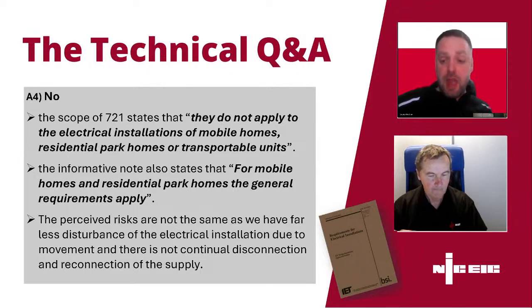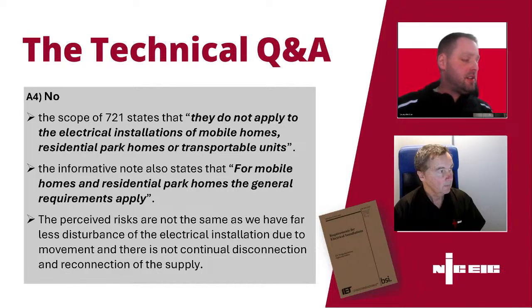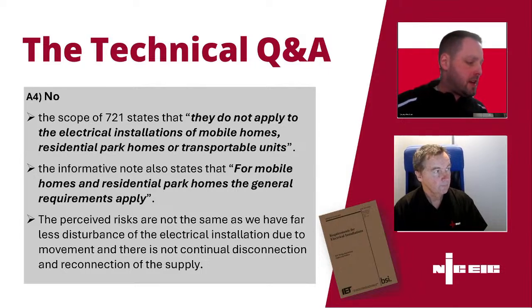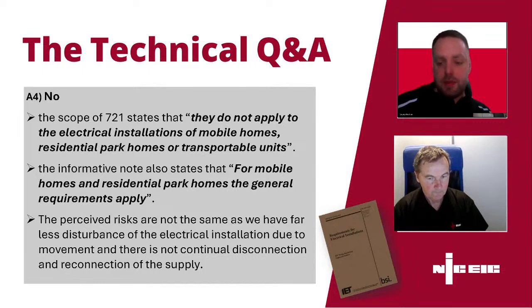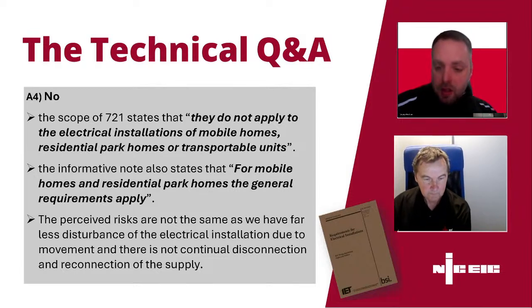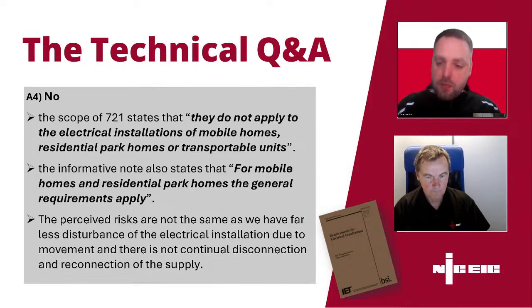Similar to any special installation in the 700 series locations, the scope is always a key bit, and it actually says in there they do not apply to the electrical installations of mobile homes, residential park homes, or transportable units. And it also states that for mobile homes and residential park homes, the general requirements of BS 7671 apply. The reason being just because the risks aren't the same with these static, fixed park homes.